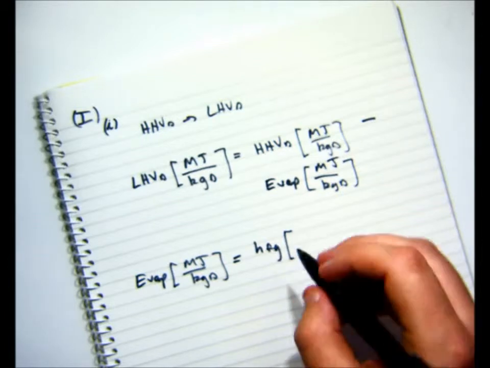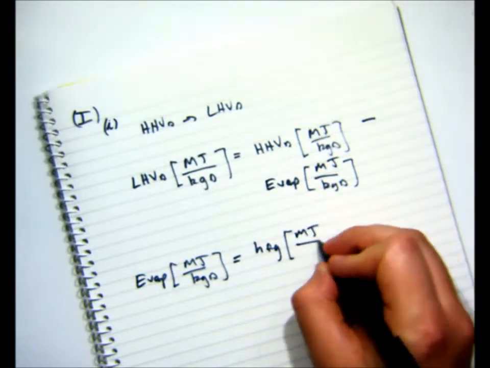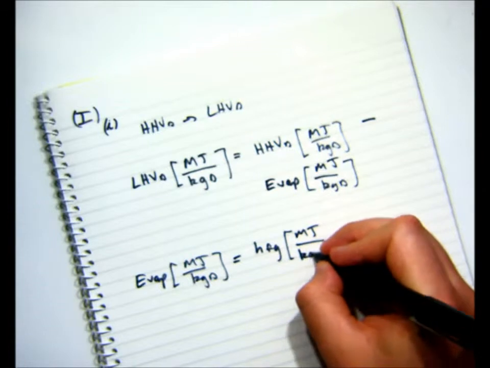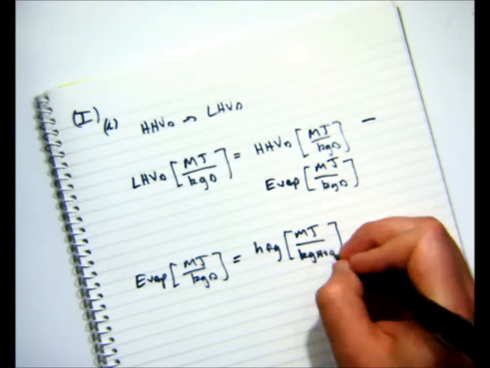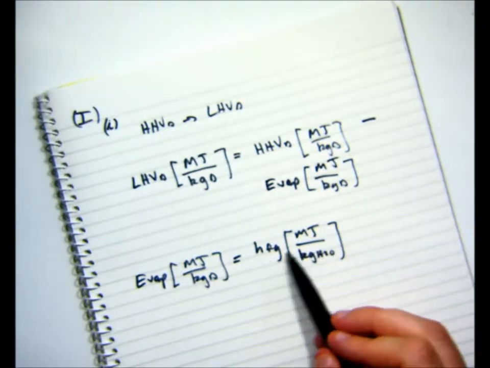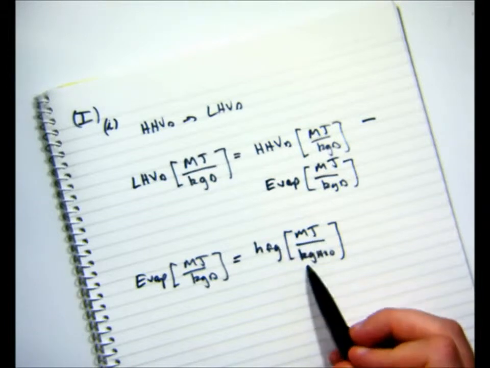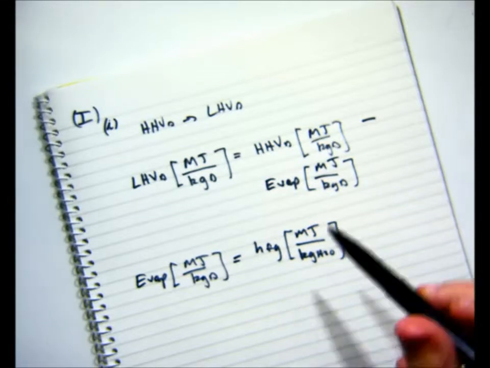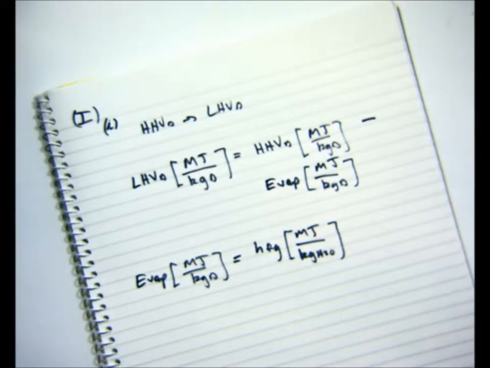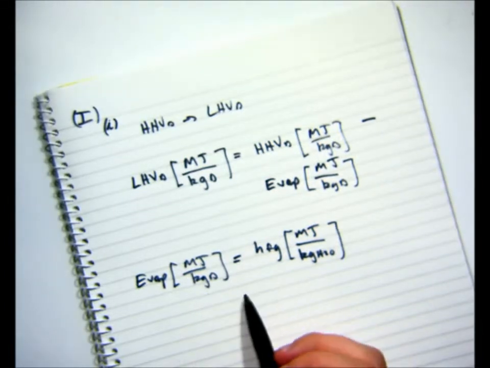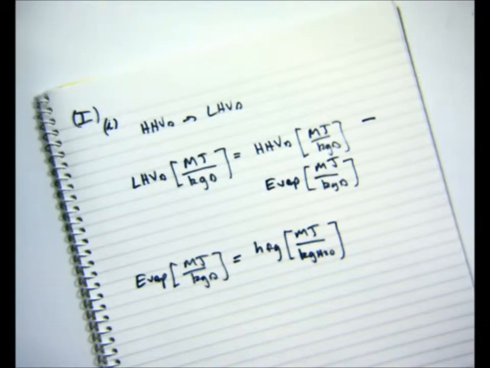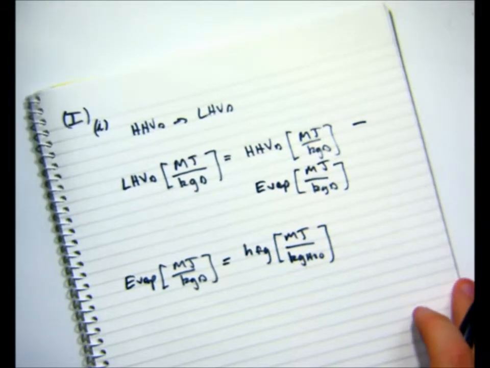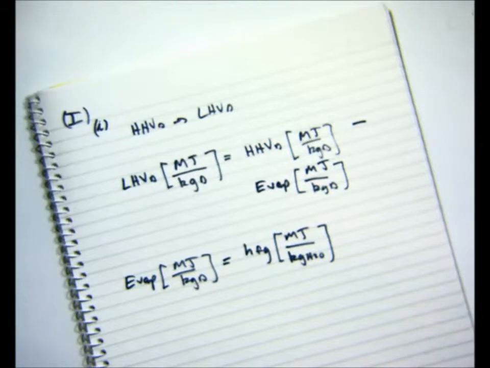This characterizes how much energy is required per kilogram of water to vaporize that water. So this is saying you need a certain number of megajoules for every kilogram of water in order to transition it from liquid to gas state. But if we look at the units on both sides of this equation, we can see that they don't balance. So we're missing some terms here. Sometimes you'll be looking for a term, you don't really know what the name of the term is, but you have a feel for what the units need to be.